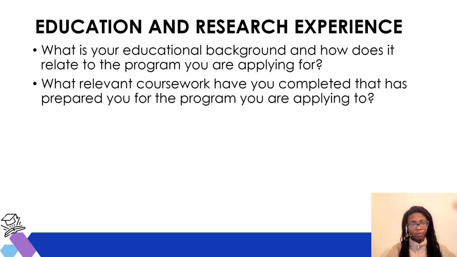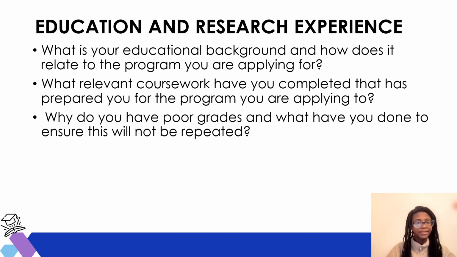What relevant coursework have you completed that has prepared you for the program you're applying to? To get this, you could just go to the website of the university you're applying to, look at the course content and say, okay, I was able to do this and this in my undergrad, and this is going to prepare me. I was able to do this in my master's, and this is going to prepare me for the next stage of my life. This is something you can get from the program's website.